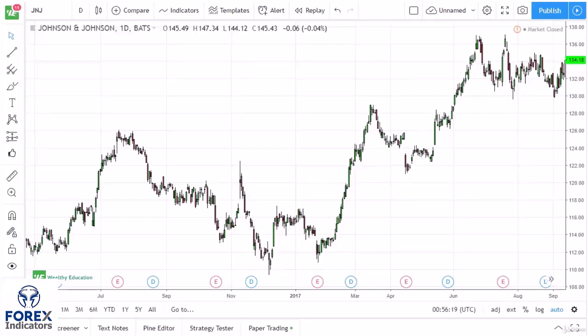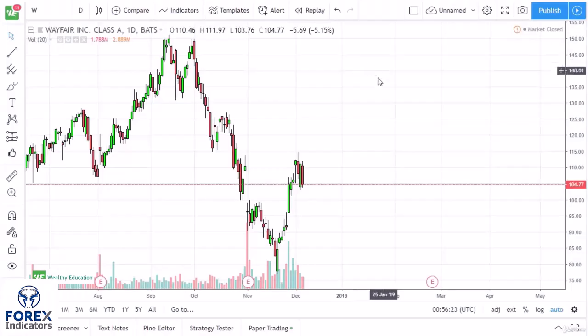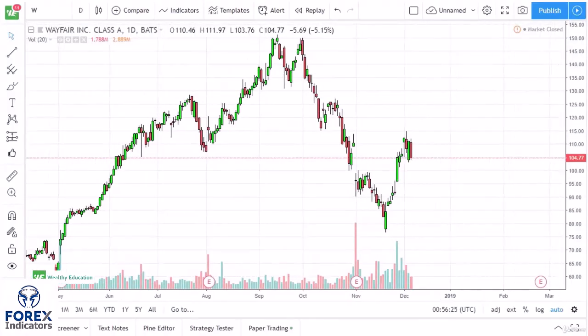So that is an example of a double bottom. Over here, we have a double top, and it works the same way. You can see that clearly in Wayfair on the daily chart, we could not get above $150.